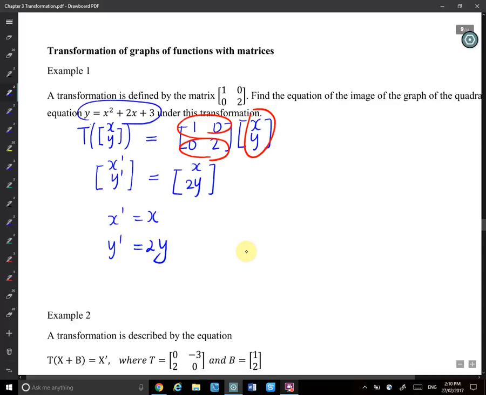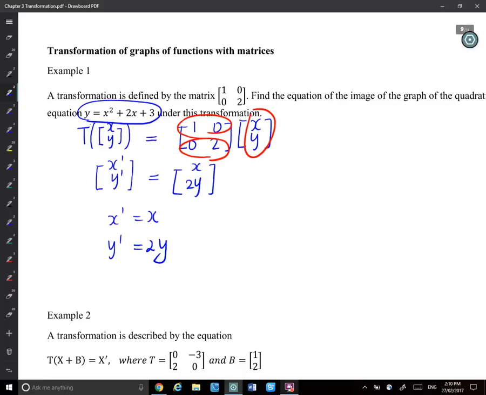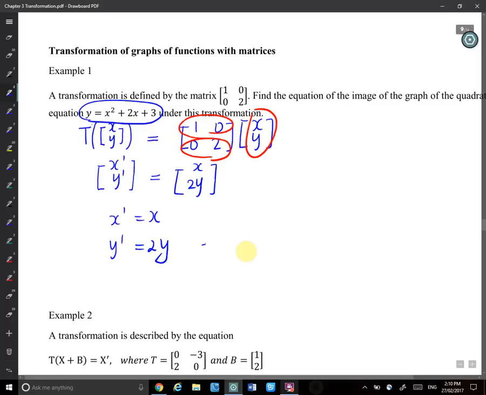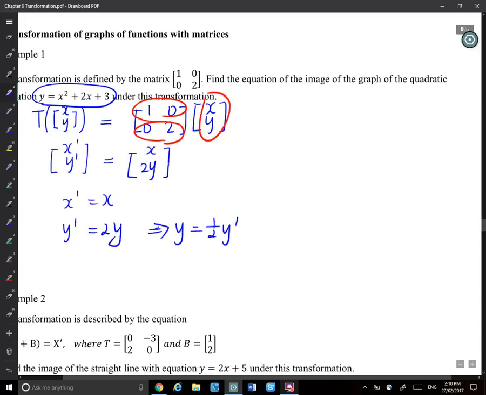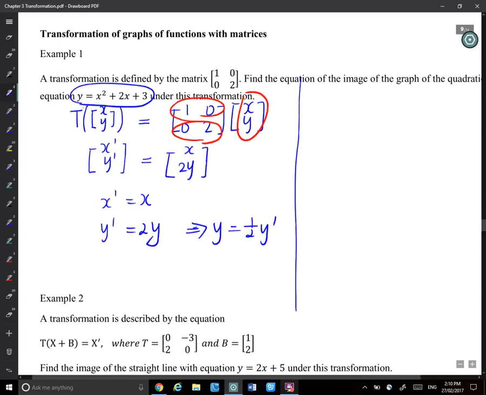Because you have the original equation, and you're trying to find x dash and y dash, you need to make x and y the subject in terms of x dash and y dash, to substitute to obtain the function in x dash and y dash. Therefore, we can make y equal to a half y dash. Let's put things in.